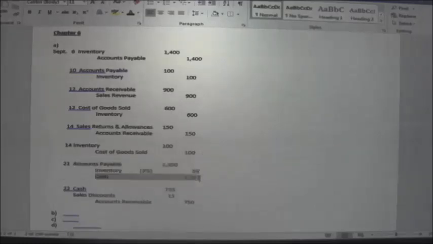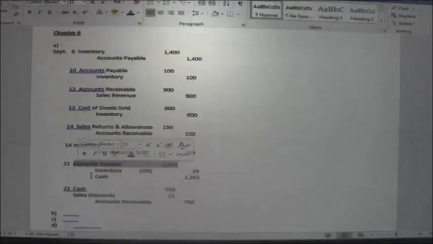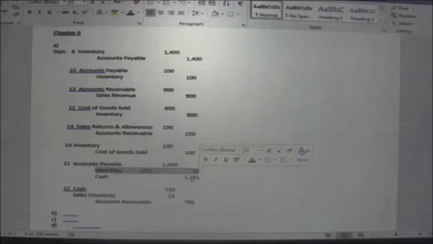You're giving me a discount, so I need to reduce my inventory for that amount. And another way to think of it, I owe them $1,300. I reduce my inventory for the amount that I've been discounted, and I pay the difference. My cash is the difference. Okay? Does that help?